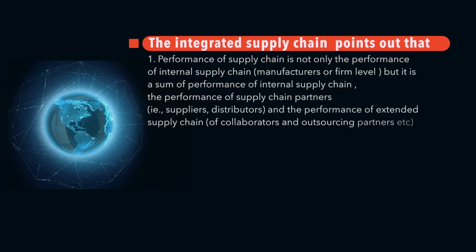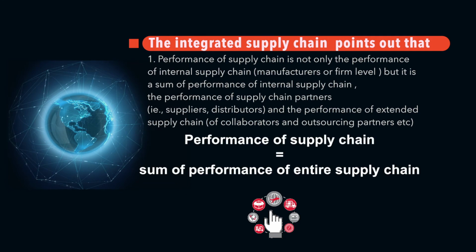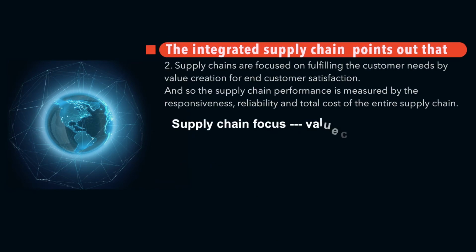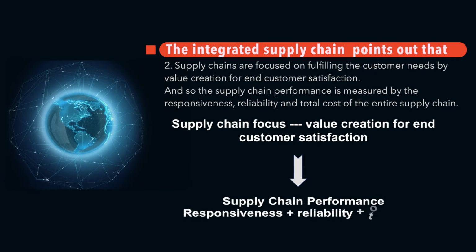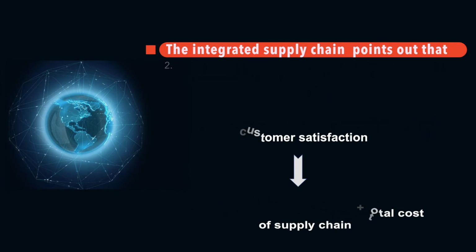The integrated supply chain points out that performance of supply chain is not only the performance of the internal supply chain, that is the manufacturers or firm level, but it is a sum of the performance of the internal supply chain, the performance of supply chain partners, that is the suppliers and distributors, and the performance of extended supply chains of collaborators and outsourcing partners, etc. Supply chains are focused on fulfilling customer needs by value creation for end customer satisfaction, and so the supply chain performance is measured by responsiveness, reliability and total cost of the entire supply chain.